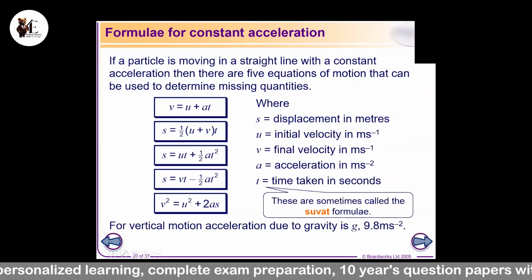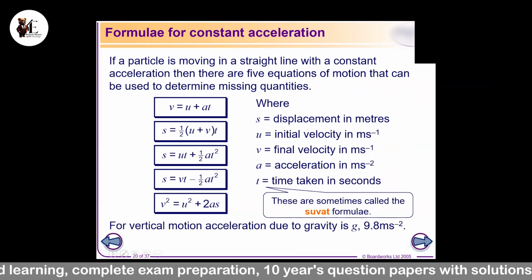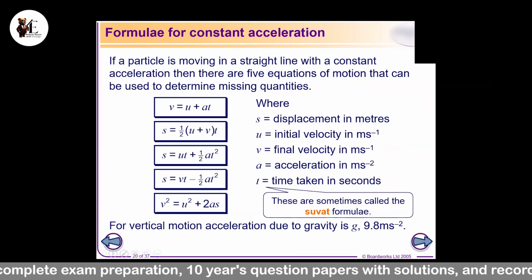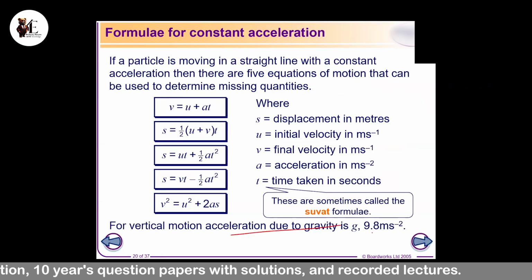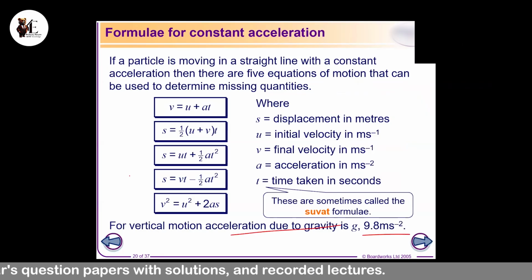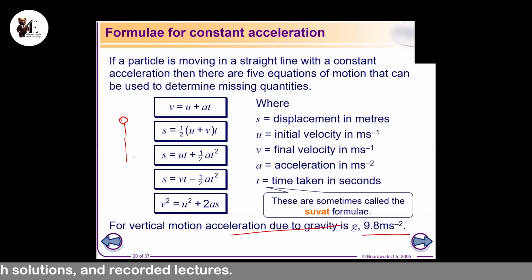So these are the terms denoted with their SI units as well. For vertical motion, acceleration due to gravity is 9.8. Whenever any object is falling down towards the ground, or you throw it upwards, that's going to be its vertical motion.